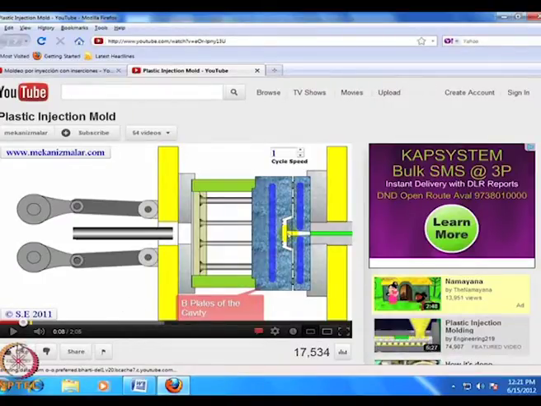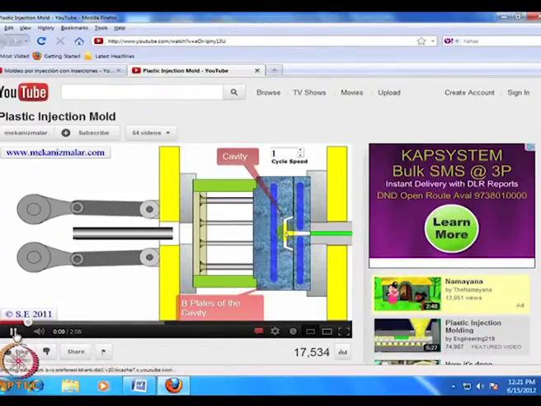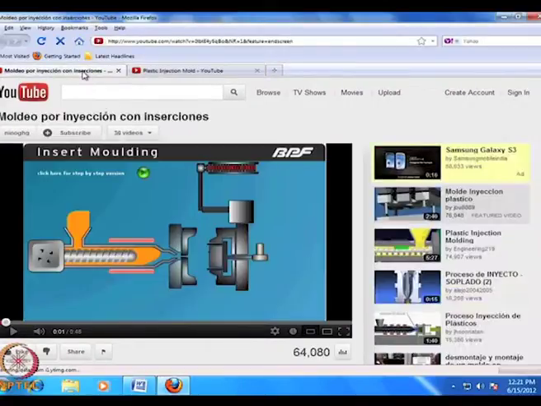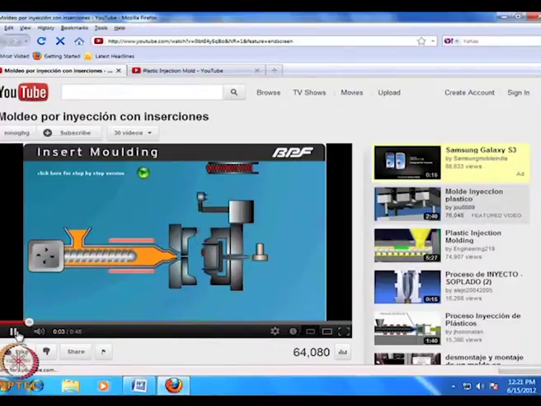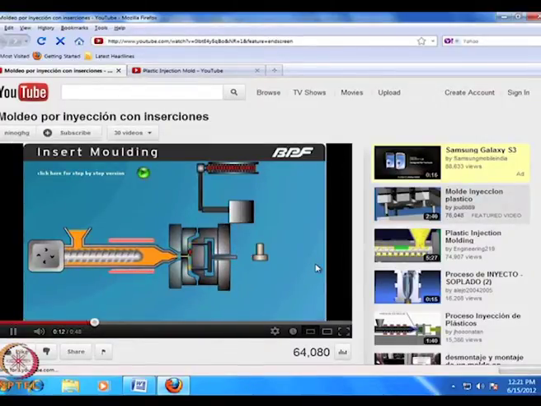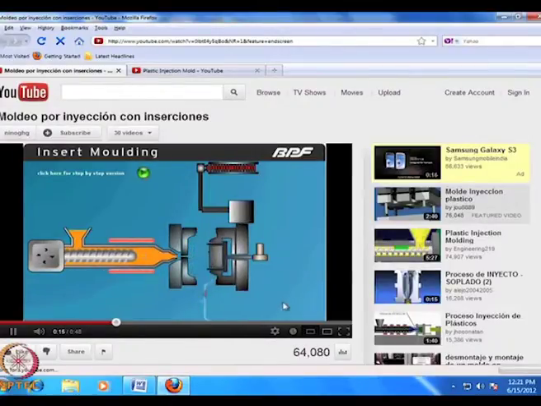So, what happens is, if you will notice, it is now closed over here. So, the thickness is really controlled by the distance between this part of the mold and this part of the mold. Over here, just watch how the distance is matched. They bring a spacer in here so that this distance is covered. So, depending on the spacer, the same machine can be used to make thicker or thinner plates.